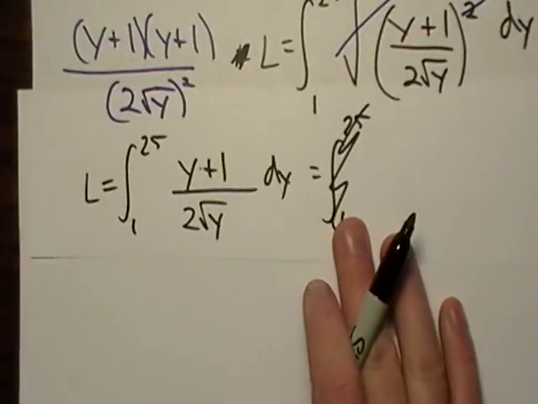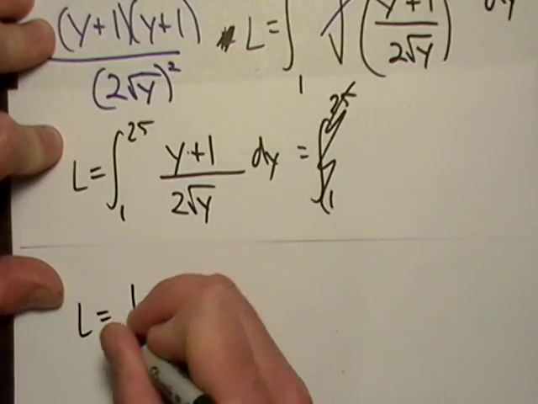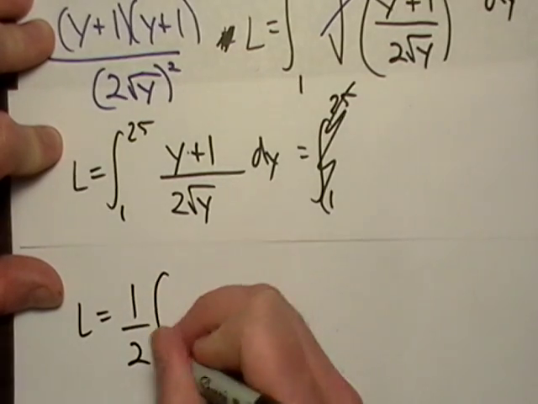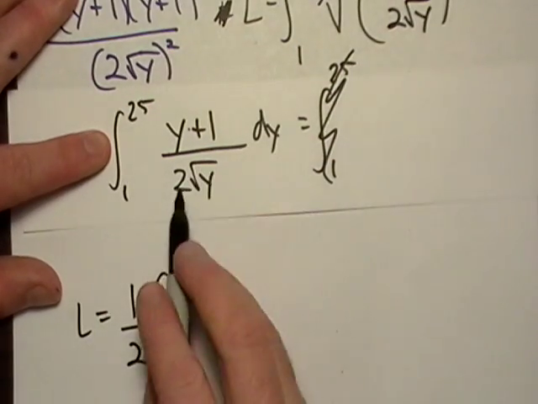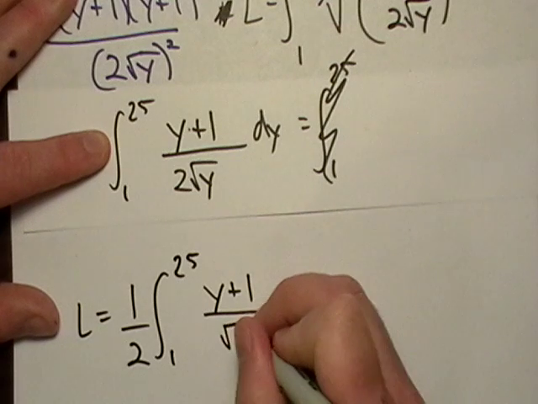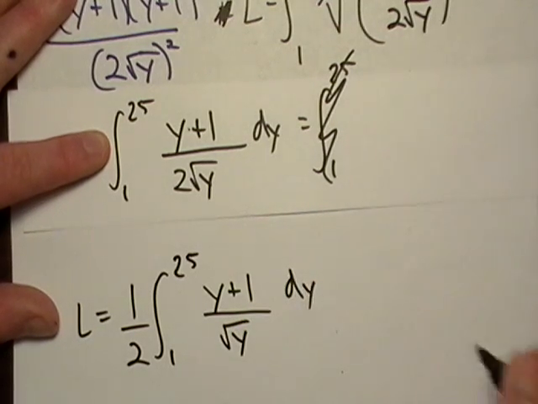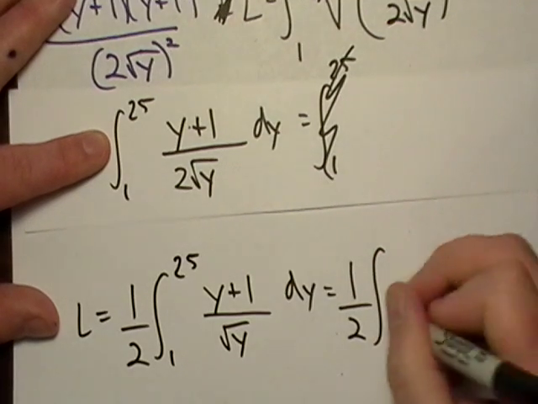So L is equal to 1/2 times the integral from 1 to 25, and then I'll be left with y plus 1 over square root y, which I can easily break up into fractions.